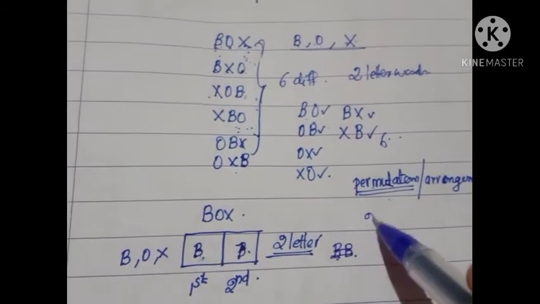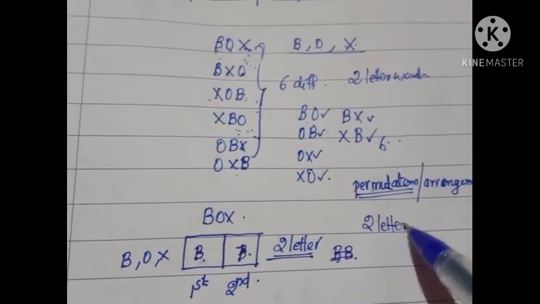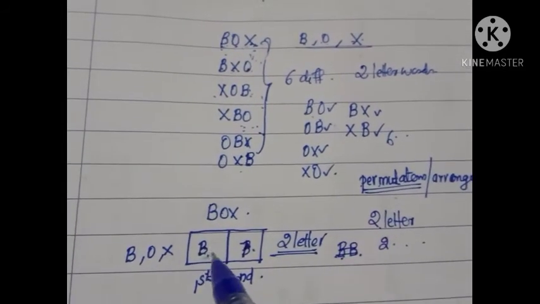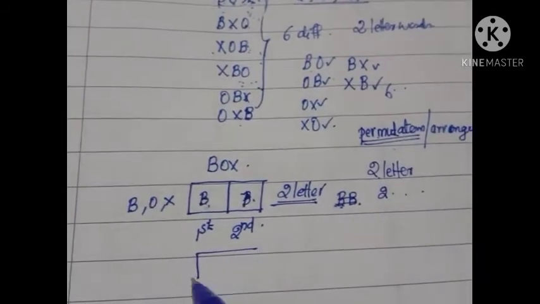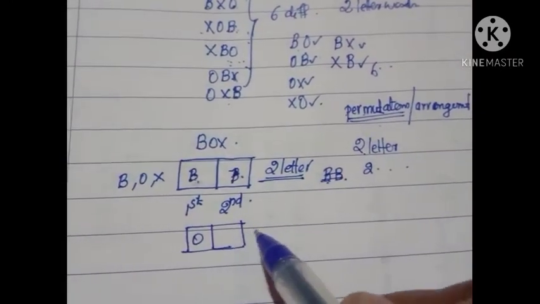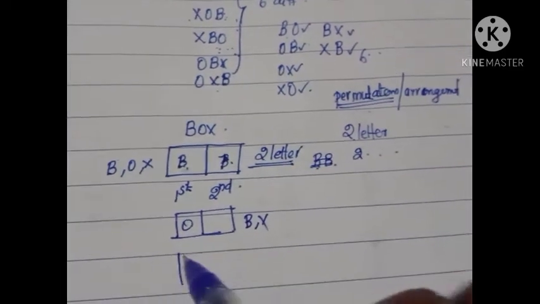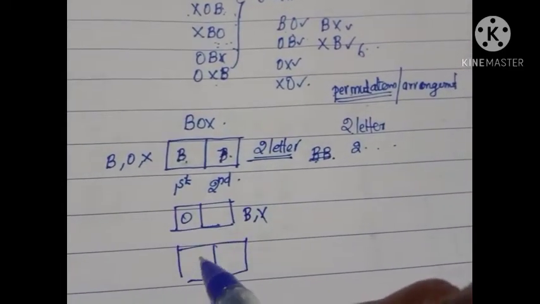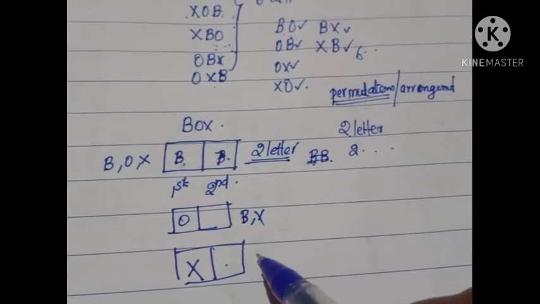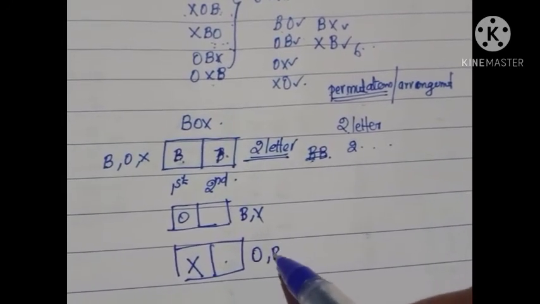But we need two-letter words with different letters. So if we write O in the first place, we can fill the second place with B or X. If we write X in the first place, then here we can fill either O or B.